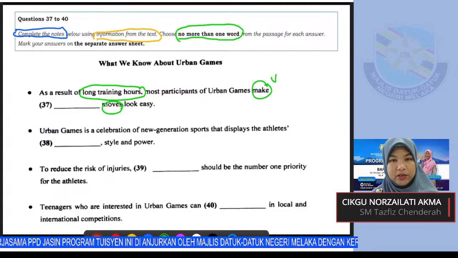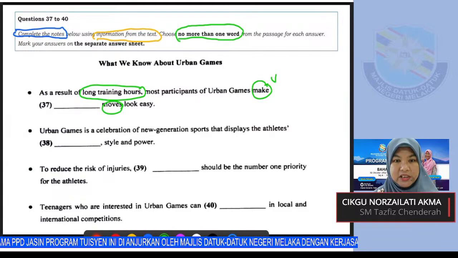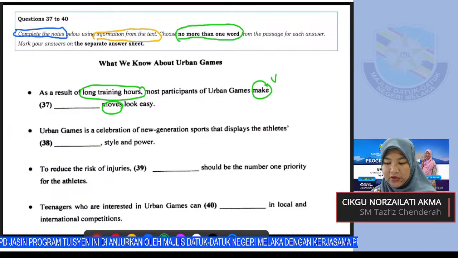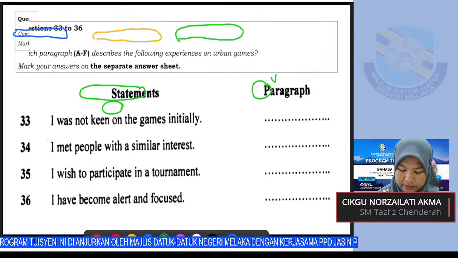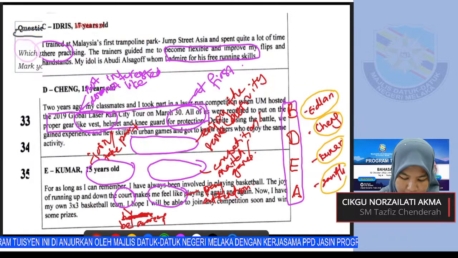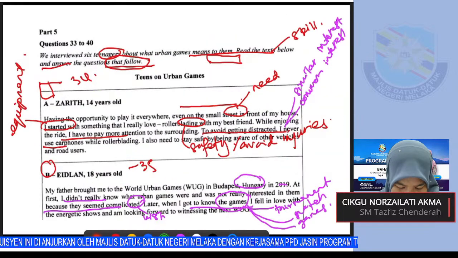But the word difficult is not stated in the text. However, there are related words. Do I need to show the text again? Where is it? Okay, here.